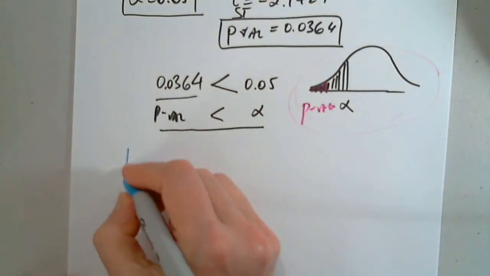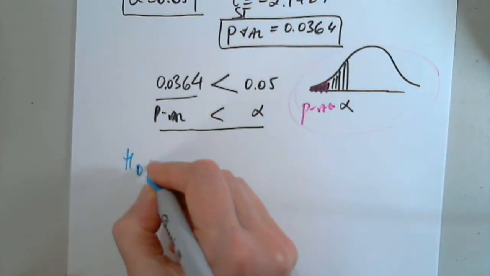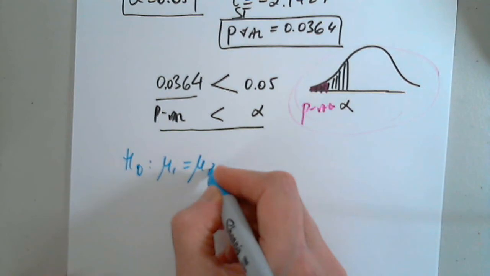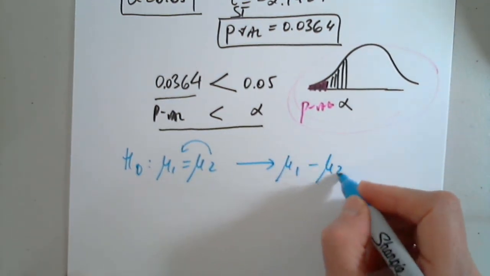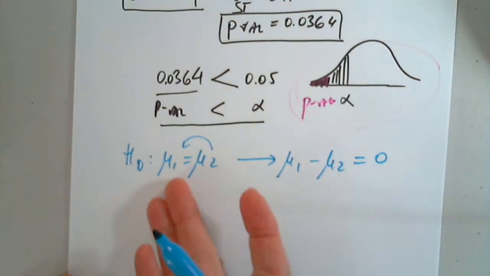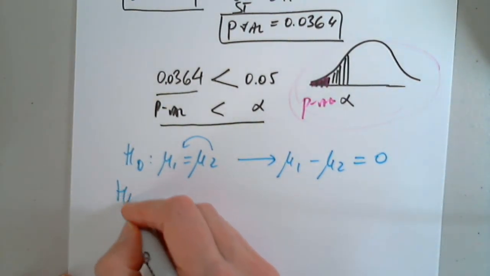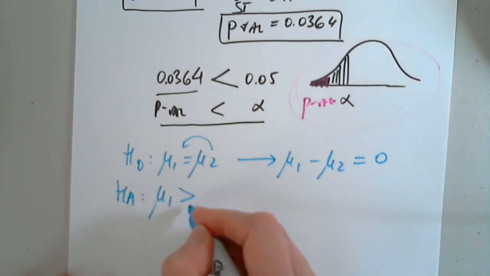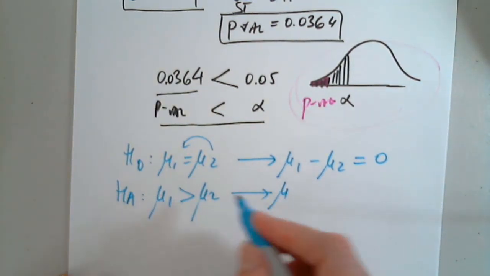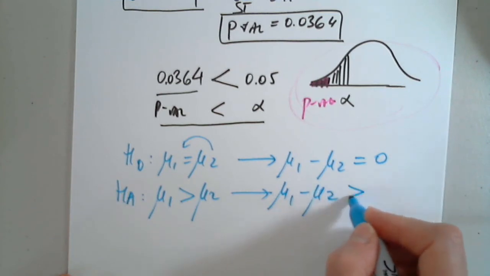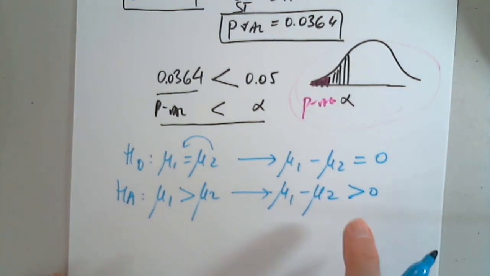So the null hypothesis is mu1 equals mu2, but StatCrunch, as I mentioned with proportions, writes this, which is they are identical. And the alternative in our case is mu1 greater than mu2, but StatCrunch moves mu2 to the other side and uses this. They are identical. Okay, back to sharing.